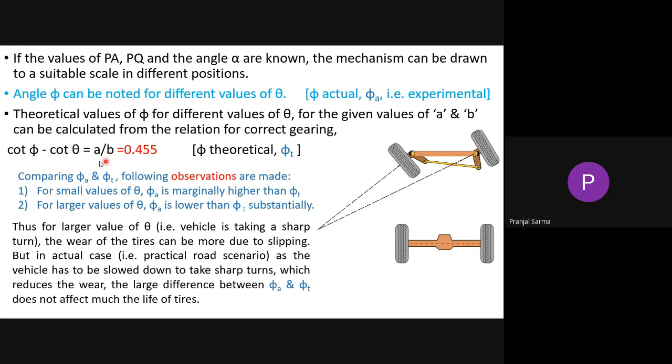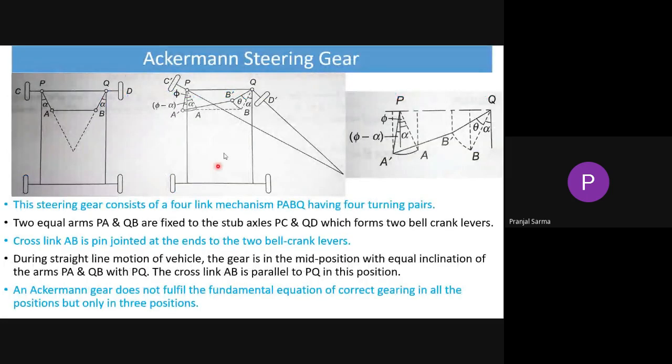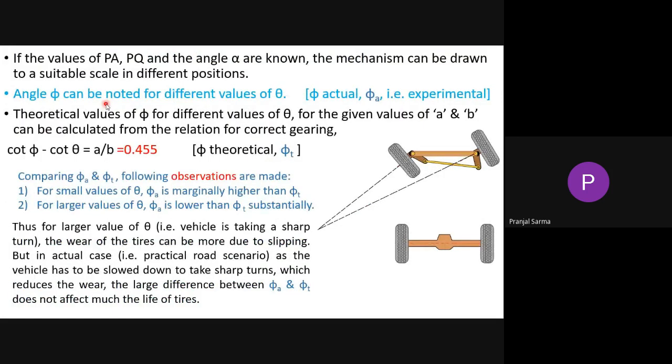So we are going to design this particular mechanism. If we know the value of this angle alpha and the link length, then we will be able to draw it in a suitable position.